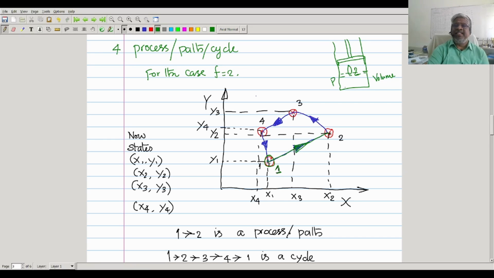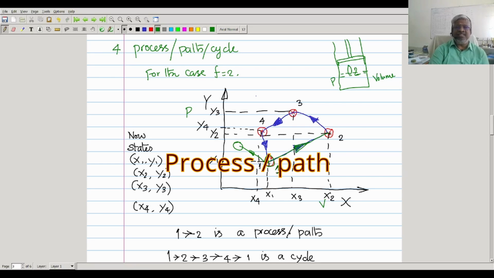In that case, the pressure will increase and the volume will come down. So this state 1 will move to state 2 this side. That is, volume will come down. This is a pressure volume diagram. The volume will come down and pressure may go up. What type of process, those we will discuss in our future lectures. Now you understand, this is what we call a process.